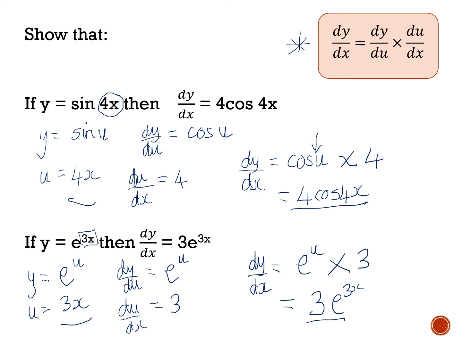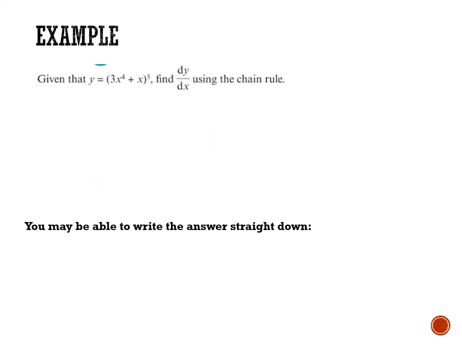Let's look at another composite function, this one here. So this here is my composite function. Now you think about what you would do if you were evaluating y. You put in your value of x. There's two things you do. You do your 3x to the 4 plus x, and then you'd raise it to the power 5.